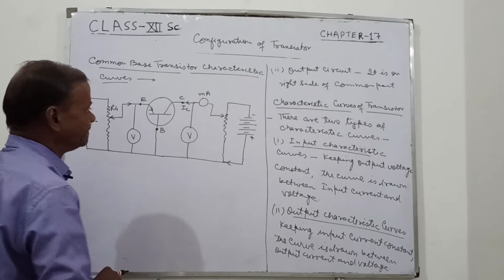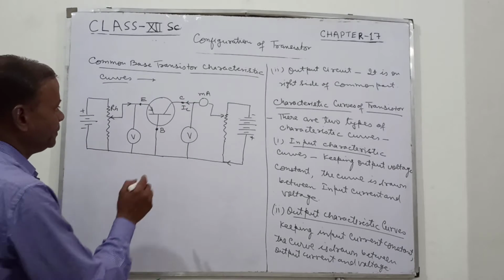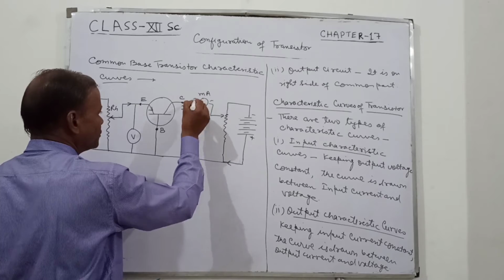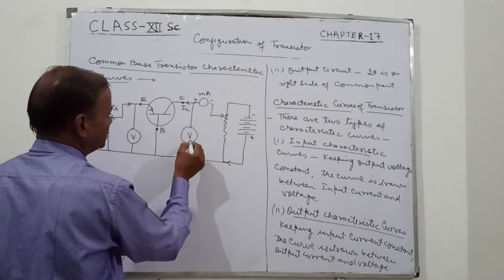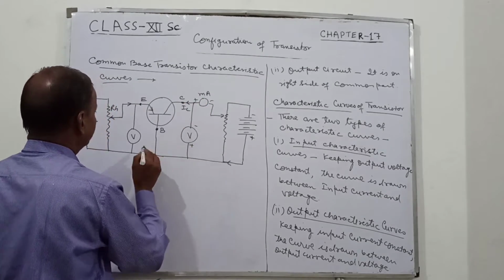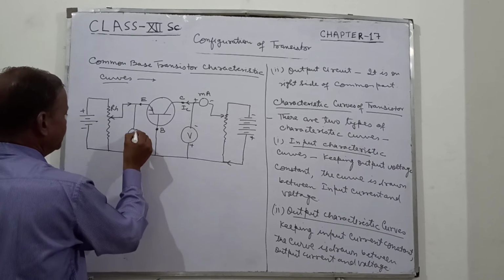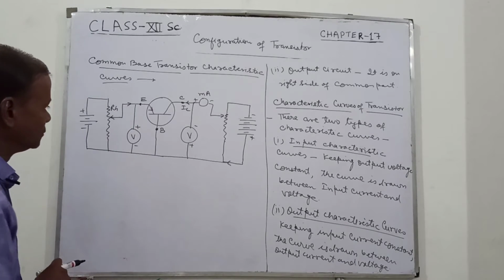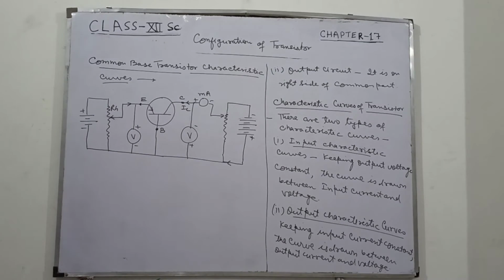This is IC. So here we will have this negative and this is now positive, and this is your positive, this is negative. So this voltage equals to this one. This is called VEB.